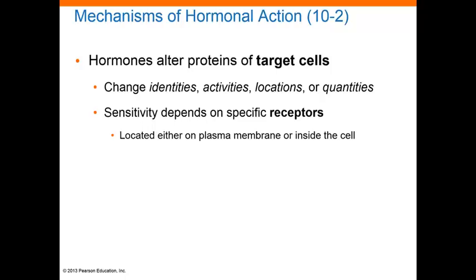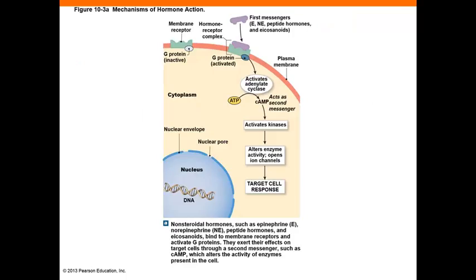The effect often depends on whether the receptors are located on the plasma membrane or inside the cell. Epinephrine, norepinephrine, and peptide hormones are not lipid-soluble. Therefore, they cannot diffuse through the lipid plasma membrane. Therefore, they must use a receptor on the outside of the membrane.